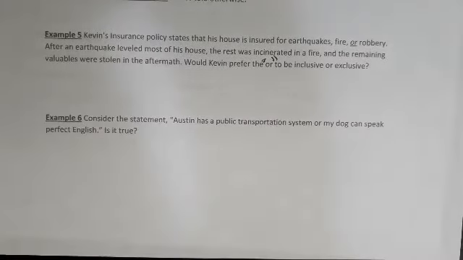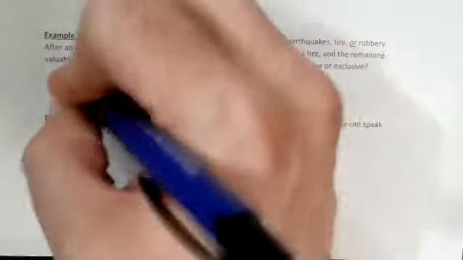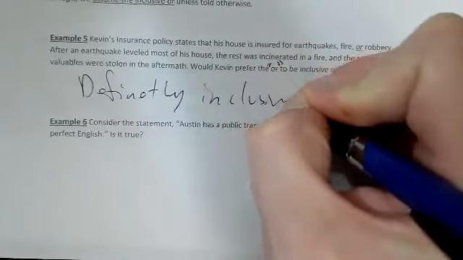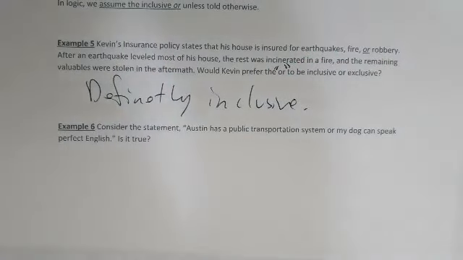So would he want it to include all of those things happening, or would he want it to exclude the case where all of those things happen? He'd definitely want it inclusive, with all those things happening to him at once. Sounds like a typical 2020, but it would definitely be inclusive there.